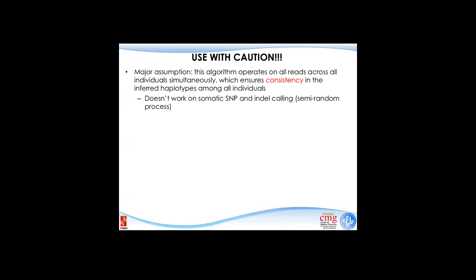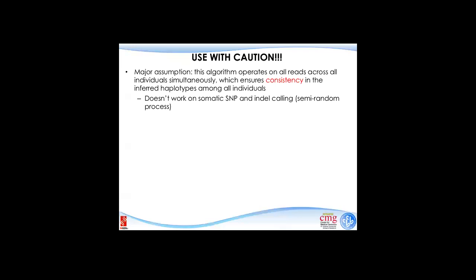But this doesn't work on somatic SNPs, okay? So if you're working on the cancer genome, where only a small percentage of cells have that SNP, and when you do the refined alignment, even if there is a small insertion deletion, it may not give you enough advantage by bringing in a new haplotype mathematically.